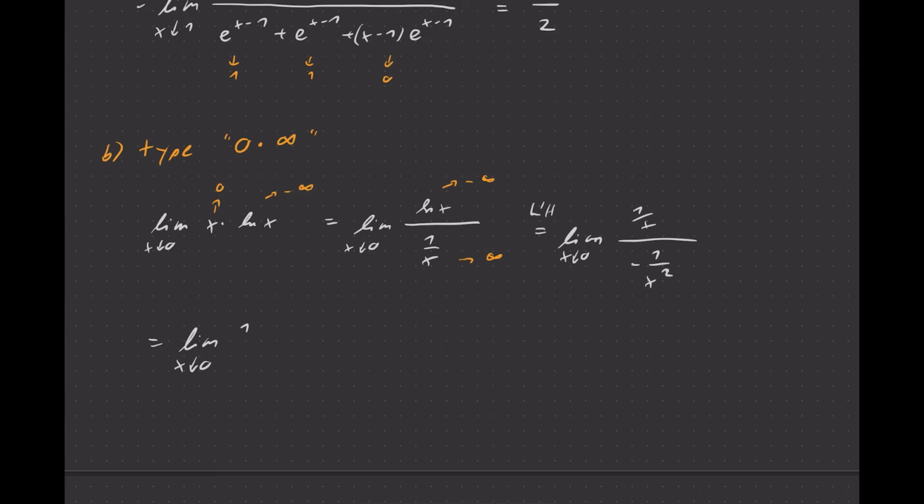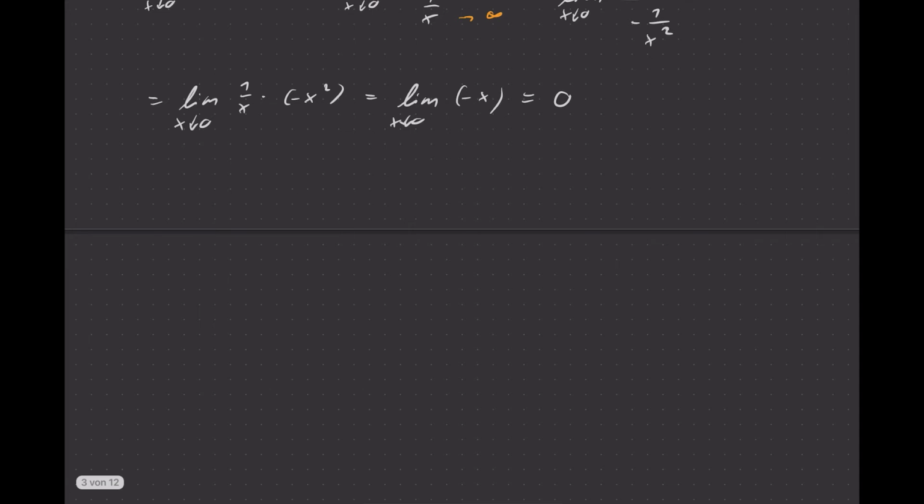Let's see, we have this 1 over x times minus x squared. So effectively what we get is the limit as x tends to 0 of minus x. And of course that can easily be seen to be 0. So this solves the situation here. Again, the simple reformulation leads to something that we can apply L'Hopital's rule to.